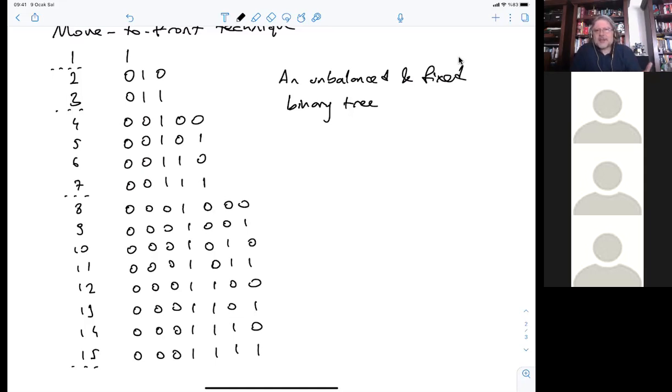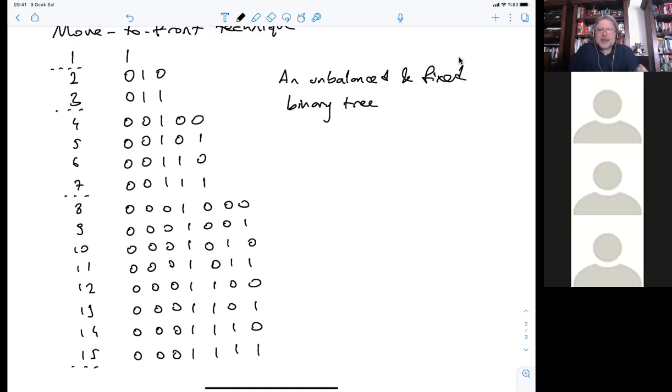Other symbols, for example, "of", will be moved up to the second level, and every time you see "of", you will represent it by 0, 1, 0, only 3 bits long. So that's how you can do it. But how does the decoder know how these things are updated?